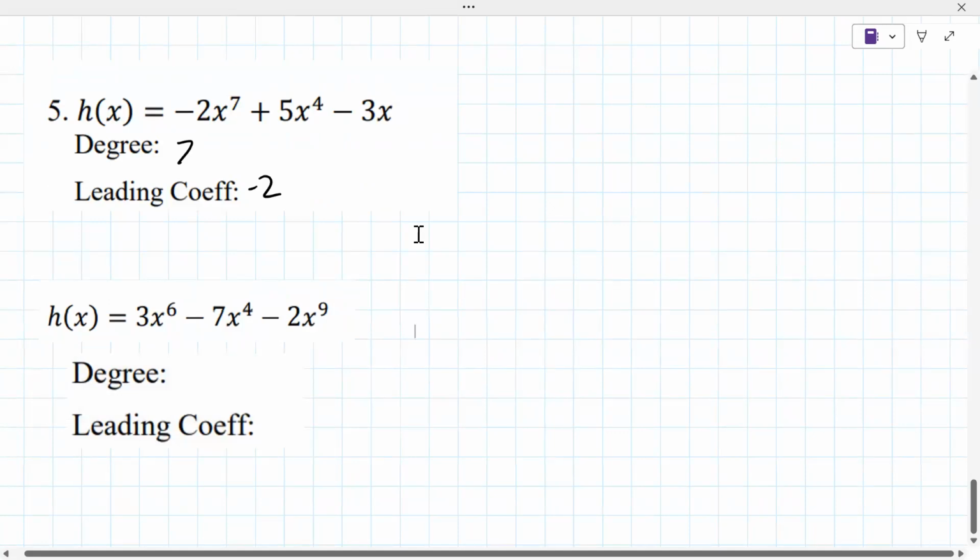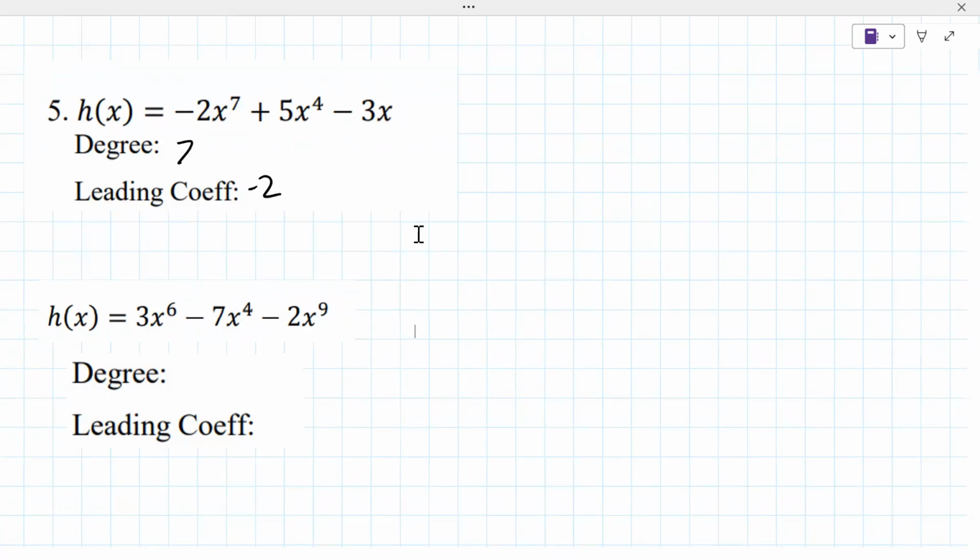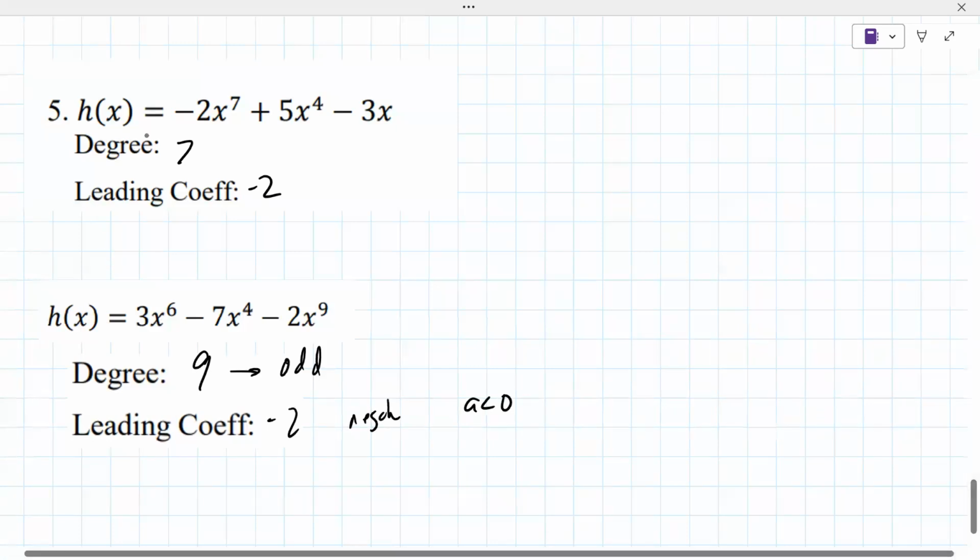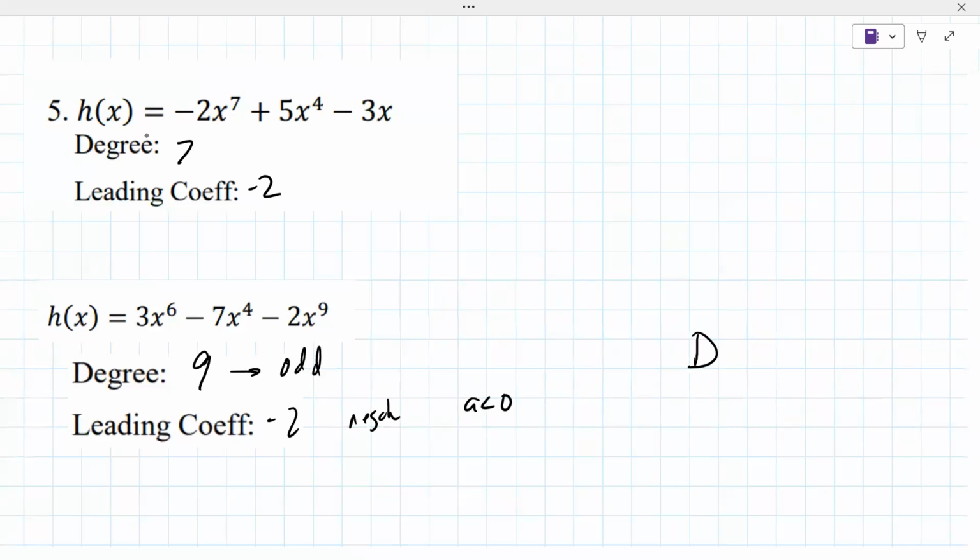Biggest degree would be 9, leading coefficient -2, so it'd be either C or D. You want to think of this as odd and negative, or less than zero, and then you go and figure it out from there. So yeah, you're right. It's graph B. It's the same as the previous one.